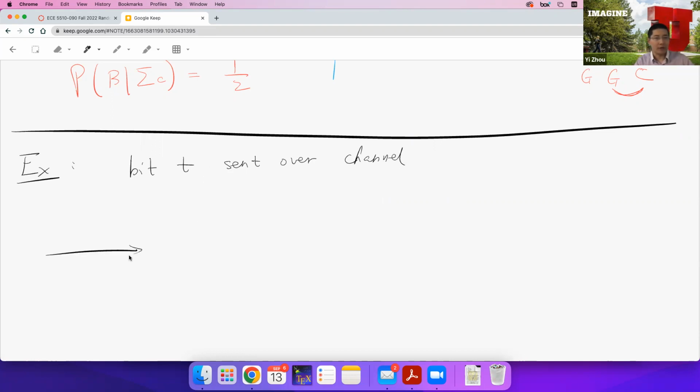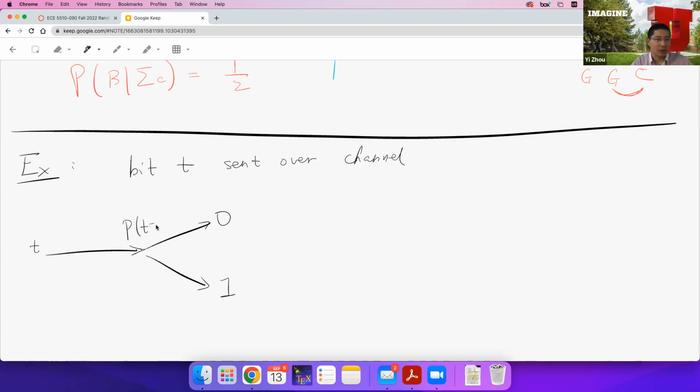The channel is generated as follows. We first generate this binary bit, which could be 0 or 1.